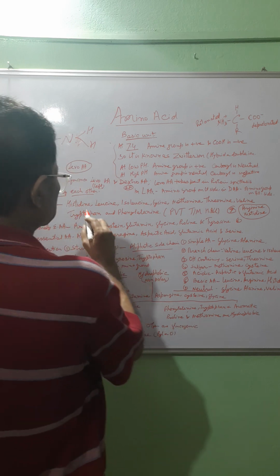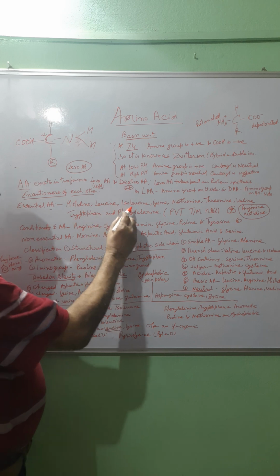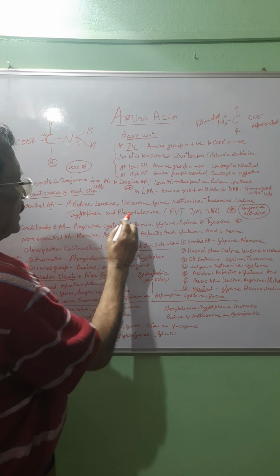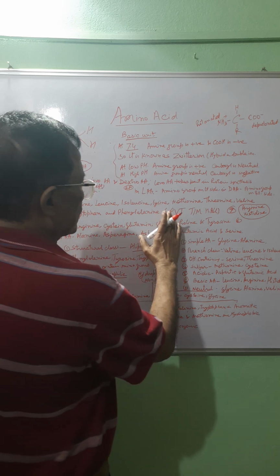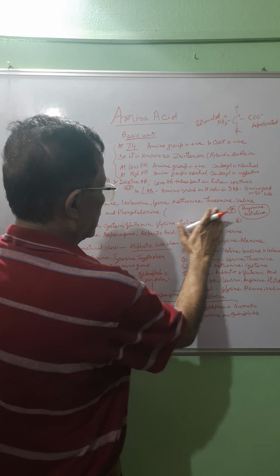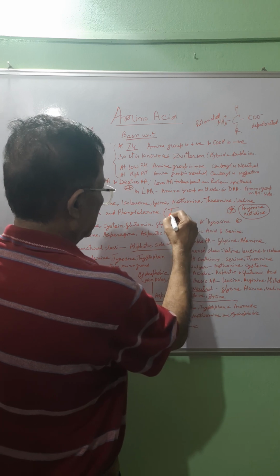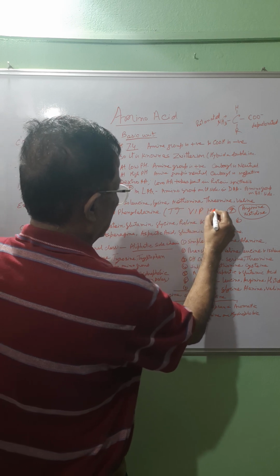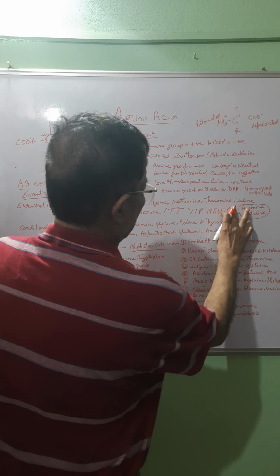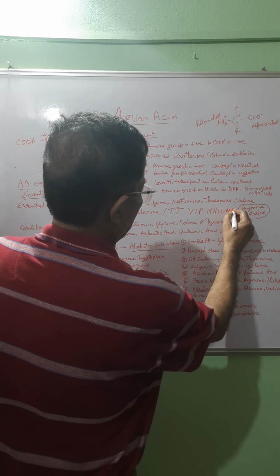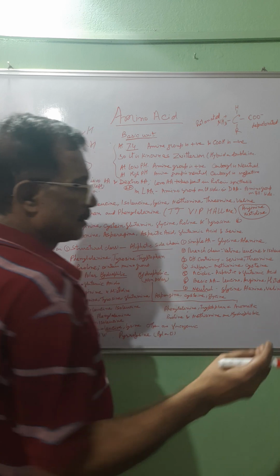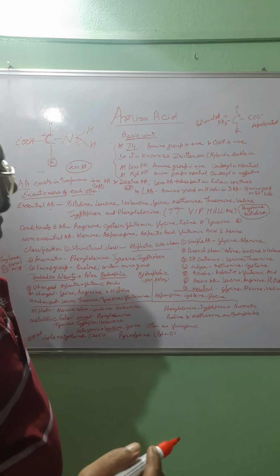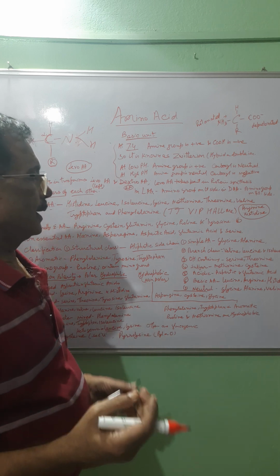They are histidine, leucine, isoleucine, lysine, methionine, threonine, valine, tryptophan, and phenylalanine. We can remember it by a mnemonic: TT means table tennis VIP hall mein.